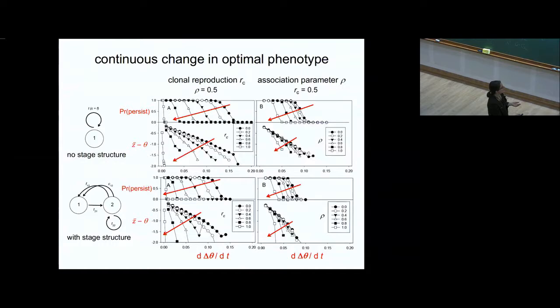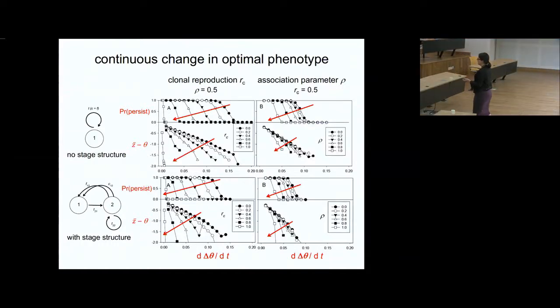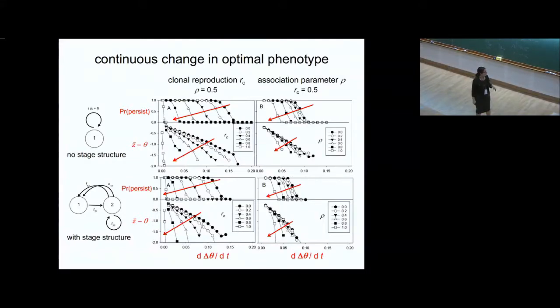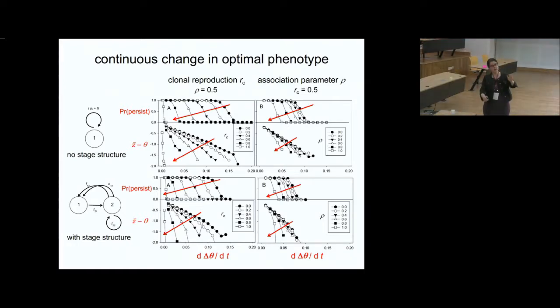For a given rate of change, the more clonality you have or the more association you have, the less likely the population is to persist and the bigger the lag. So it's not as good. And it's a little hard to see in this scaling, but remember before the lines were shifted to the right, now they're shifted to the left with stage structure. So age structure also makes things worse. Does that make sense? Yeah?